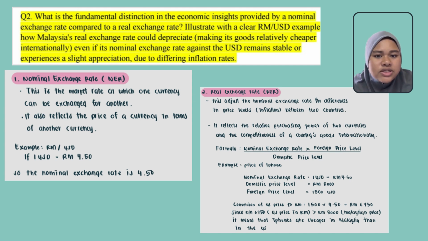Since 6,750 ringgit is more than 5,000 ringgit in Malaysia, it means that the iPhone in Malaysia is cheaper than the iPhone in the United States.